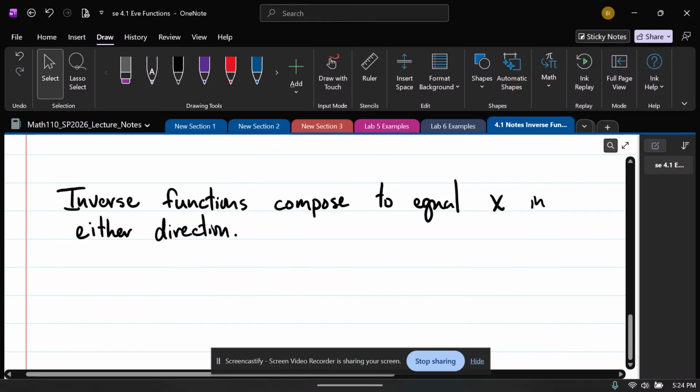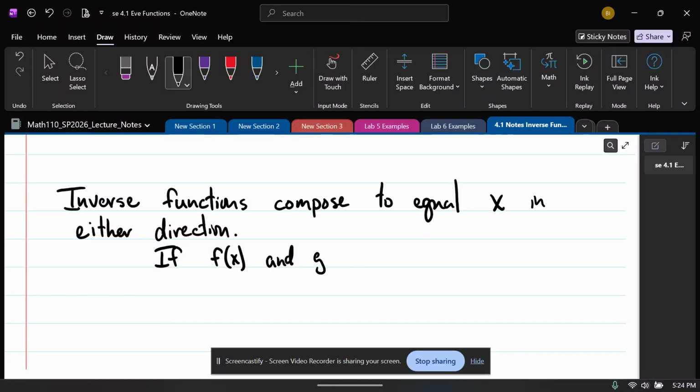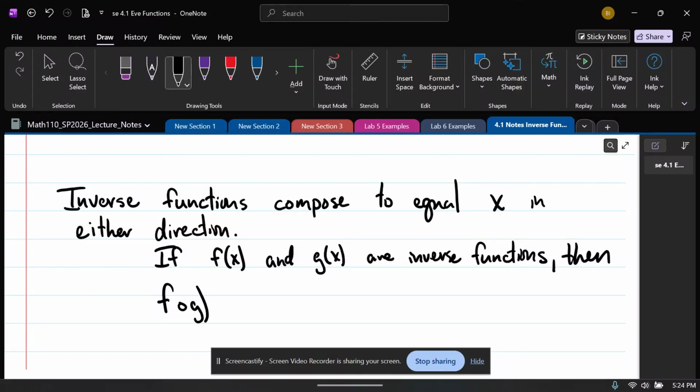So what I mean is that if f of x and g of x are inverse functions, then f composed with g of x equals x, and g composed with f of x equals x.